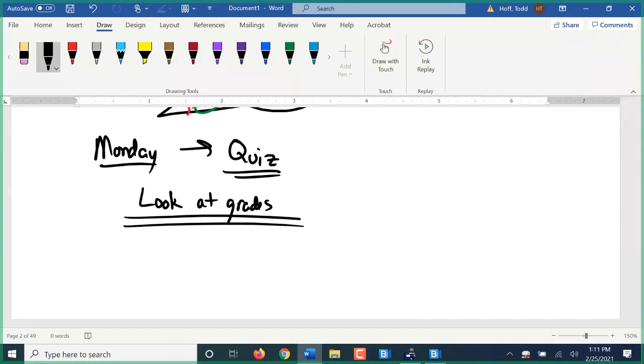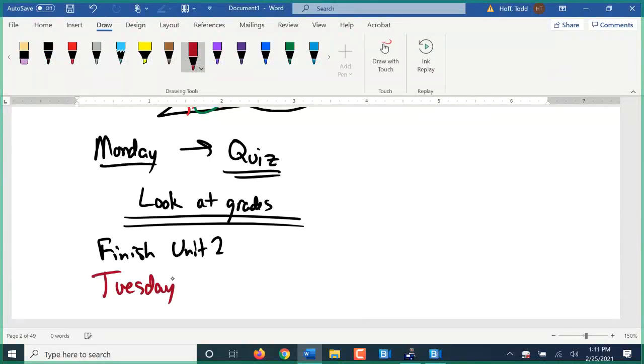So we'll have that quiz, and then we're going to finish up this unit, which means Tuesday, we're going to do two things. We're going to start Unit 3, and then we're also going to set aside 1 hour class on Tuesday for the Unit 2 test.